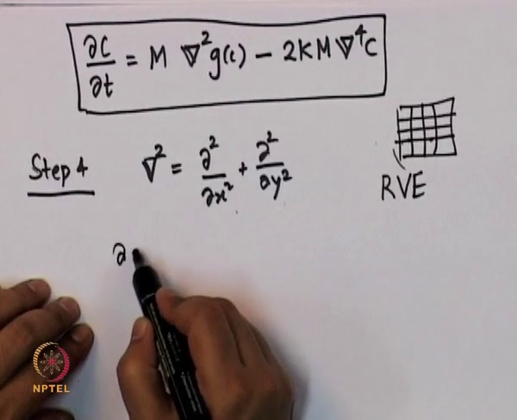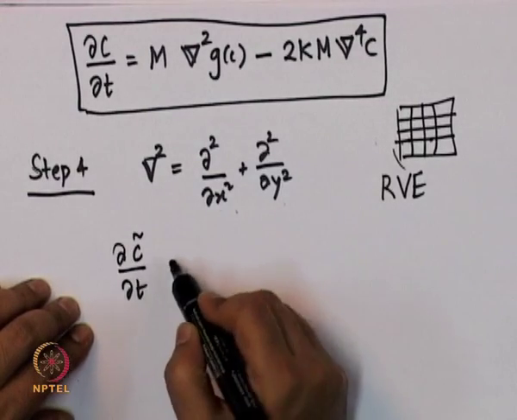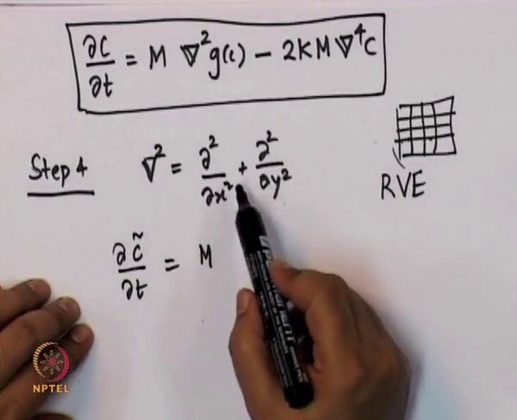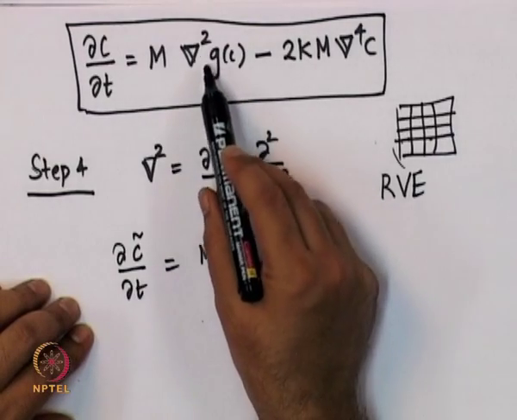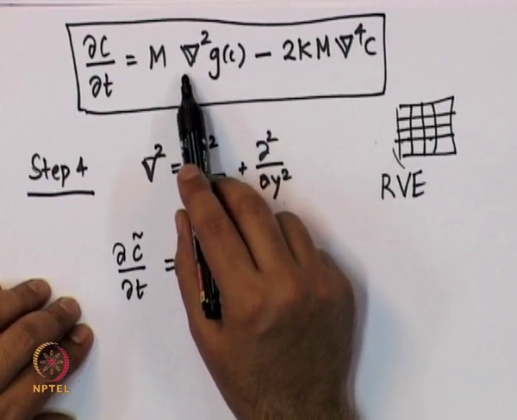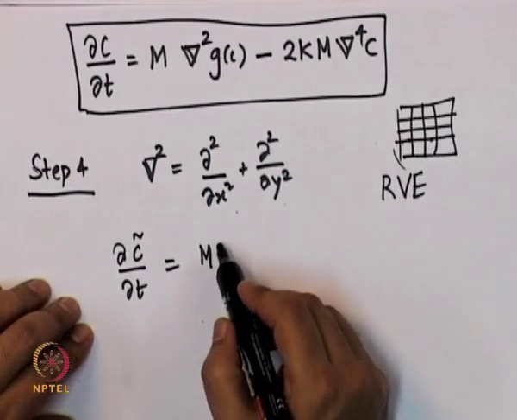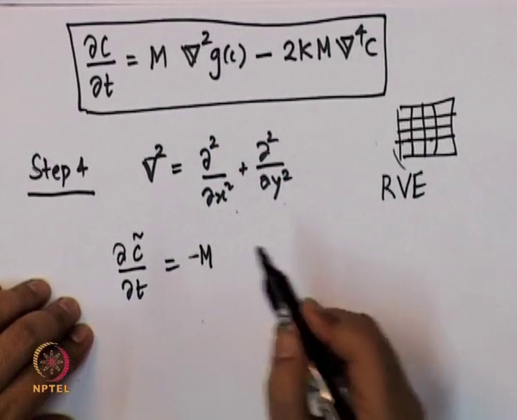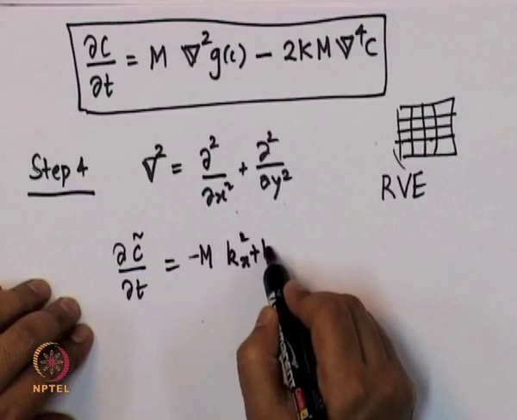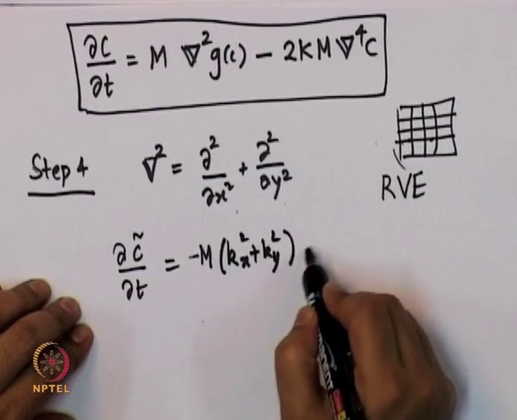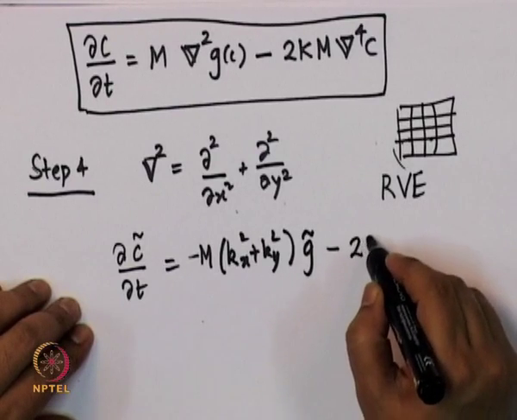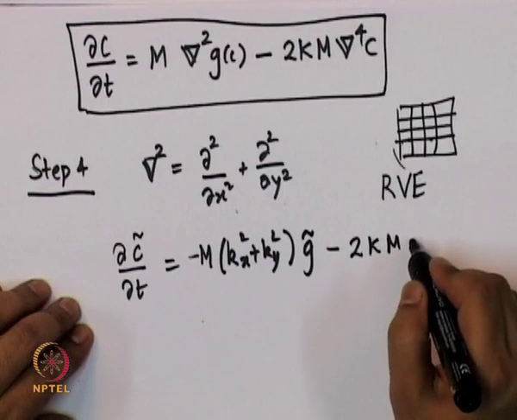So, that means ∂C̃/∂t is nothing but m. Now we are doing it in 2D, so the del squared will have the kx part and ky part. So, we are going to have minus (kx squared plus ky squared) acting on g̃ minus 2 kappa m.